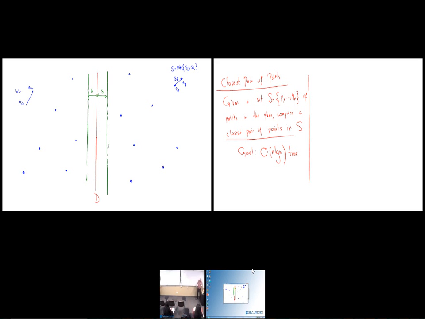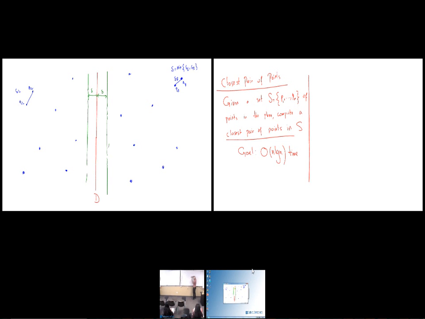So any pair that these two recursive calls did not catch has to come from either side of this line. It has to be confined to within these two vertical green lines. Why does it have to be confined here? Because if the point to the right of this line is right on this red line, then the point to the left cannot live beyond this vertical green line.